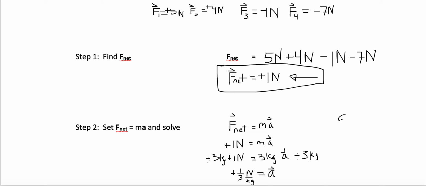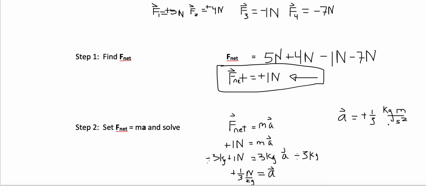So let's substitute it. Our acceleration is equal to positive, meaning to the left, 1 divided by 3, and a newton. A newton is a kilogram meter per second squared. That's the definition of a newton. So we have to put our kilogram in here and our meter. And we have to divide this by second squared.